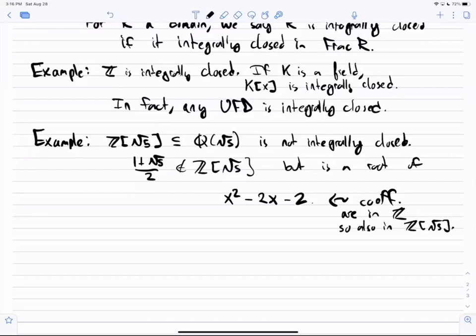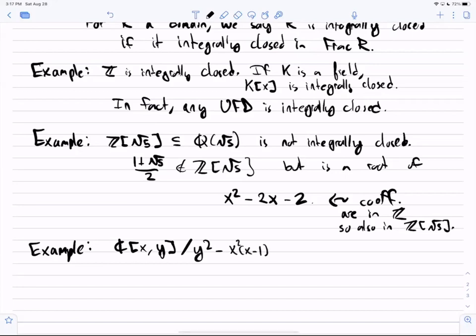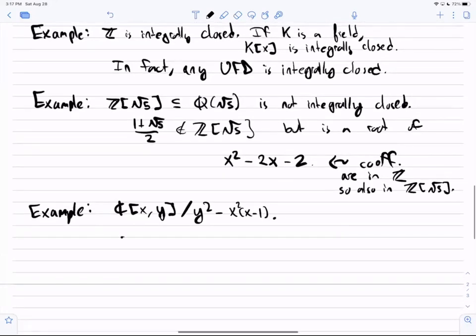Another example. Let me look at C[X,Y] mod Y² − X²(X − 1). Let R be this ring, and look at its fraction field.